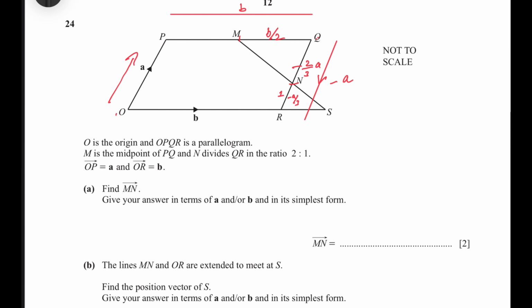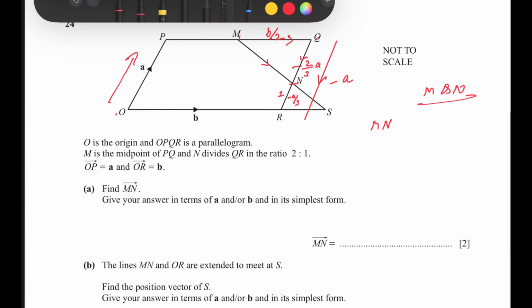So what we have to find is MN. So to find MN, we use the triangle MQN. The triangle law states that MQ plus QN equals MN.